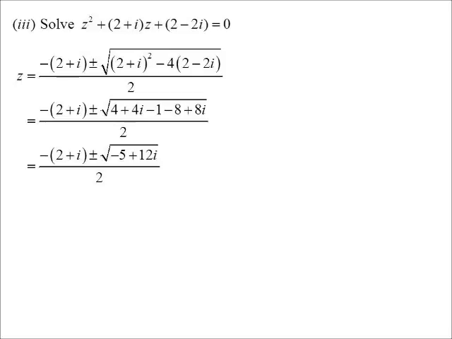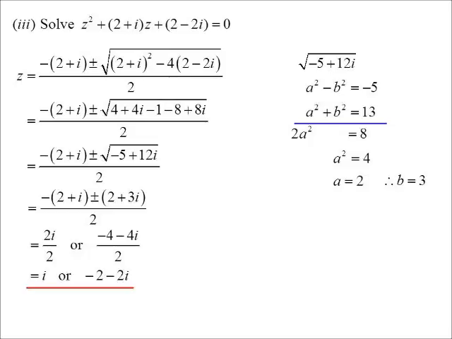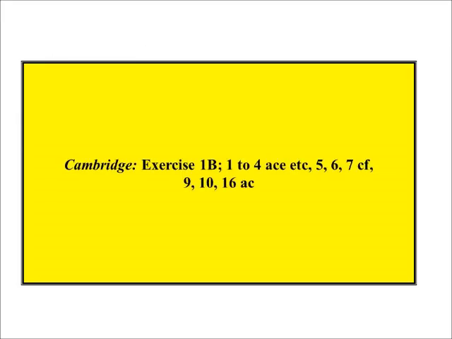By the way, 5, 12, Pythagorean triad, 5, 12, 13. So that will work nicely using the other method. So let's just go find it. a squared minus b squared is negative 5. a squared plus b squared will be 13. a is 2. b is 3. The imaginary part is positive, so they'll have the same sign. So it's 2 plus 3i. Play around with that. There's our answers. All right. 1b.